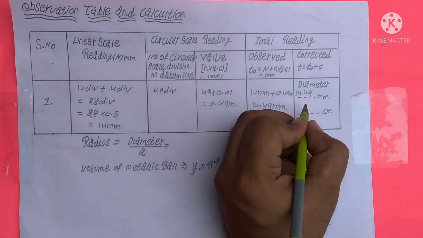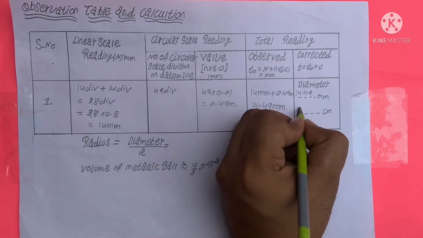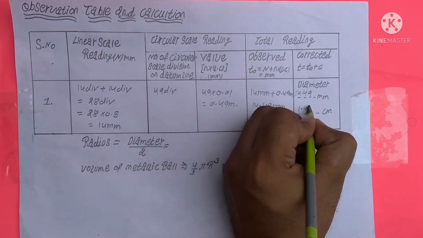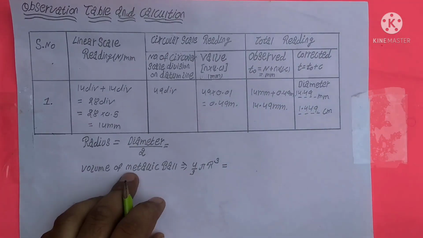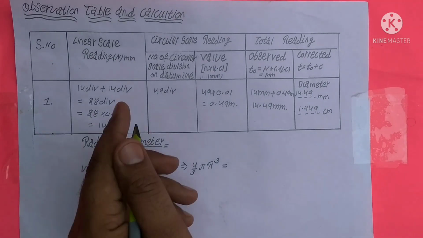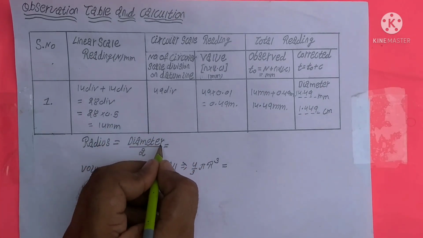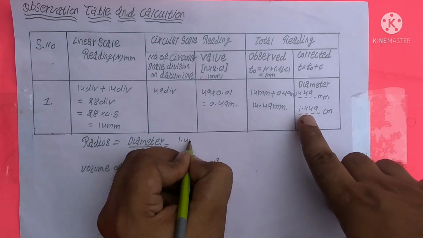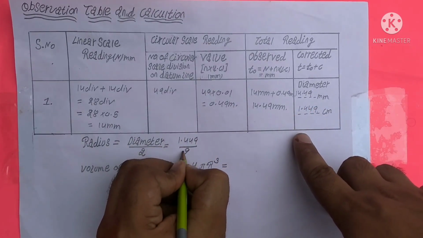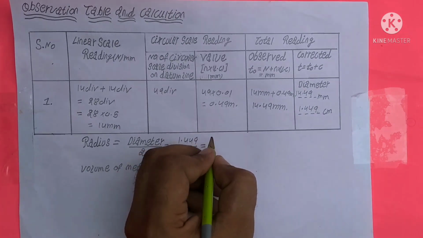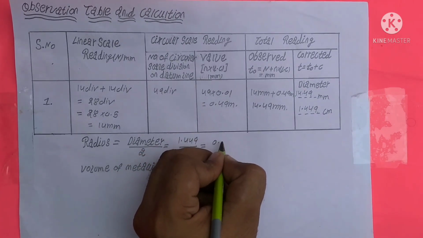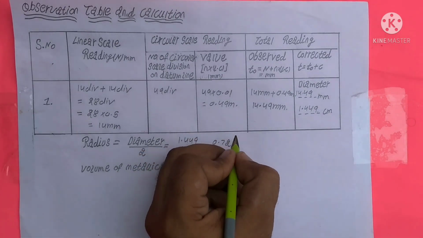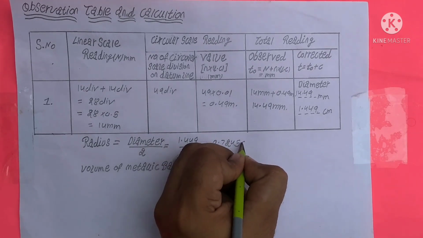Now convert it into centimeters and the result comes out to be 1.449. So next, calculate the radius. The radius is equal to the diameter divided by 2. Our diameter is 1.449 divided by 2, and after solving, the result comes out to be 0.7245 centimeter.